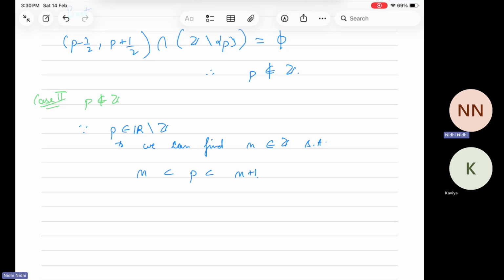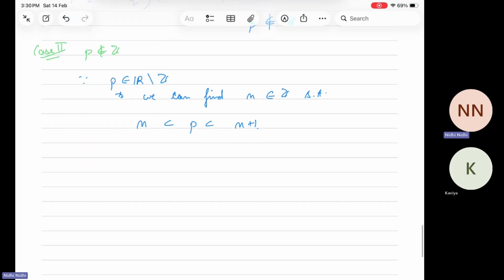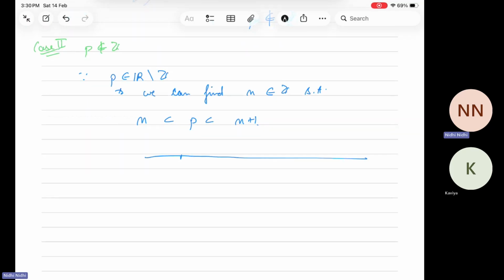Obviously, every real number lies between some integers. So, if we look at the real line, this is n. This is somewhere P, and then we have the next integer n plus 1.